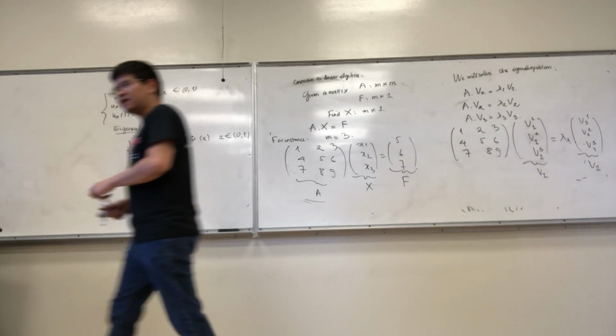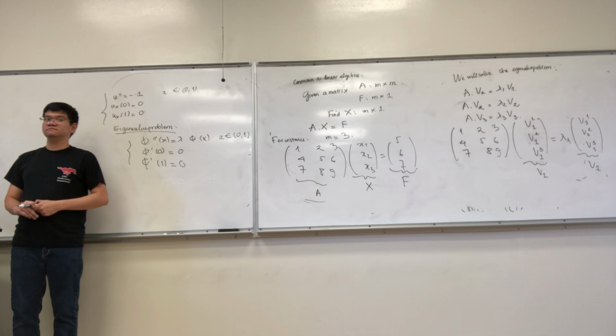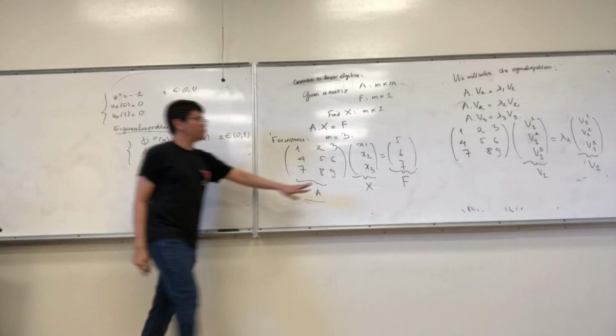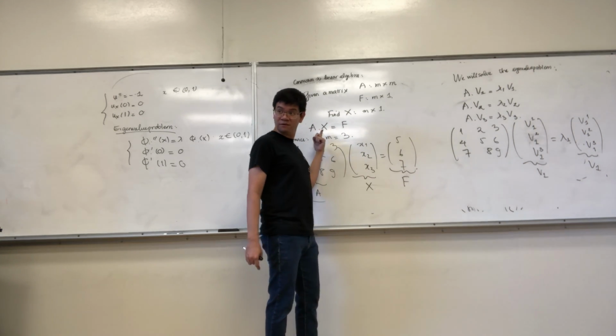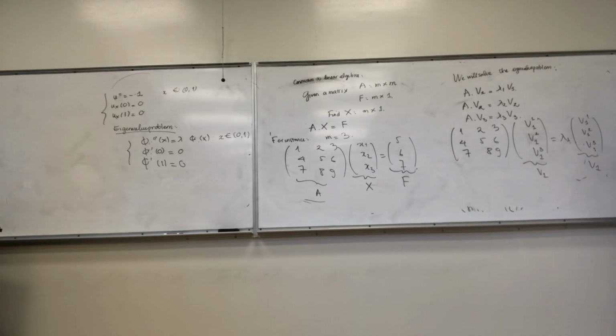After you find the three vectors V1, V2, V3, what happens? In linear algebra, I want to solve for x, which is this one. Instead of solving for x, I'm going to solve the eigenvalue problem.